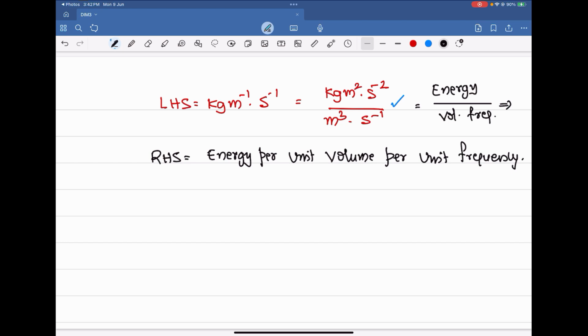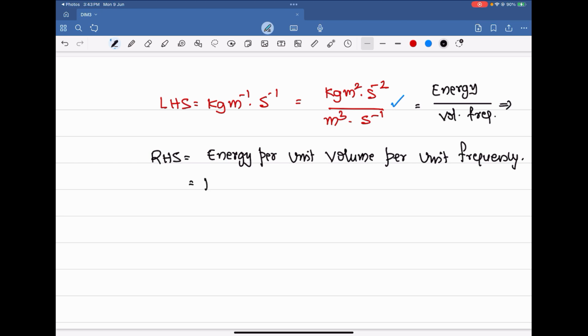This is the definition of what is that quantity? Planck energy density distribution.